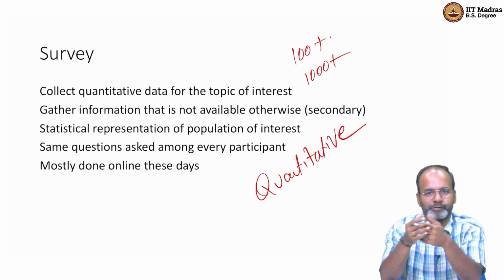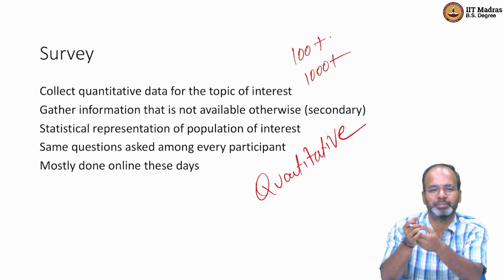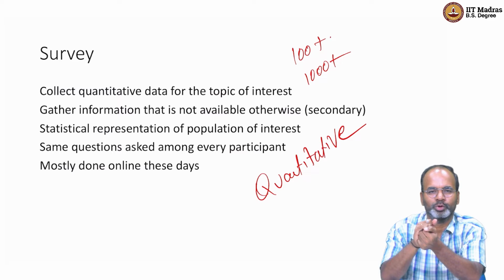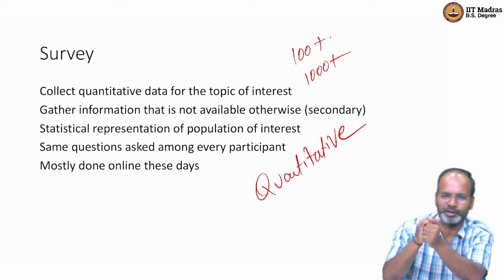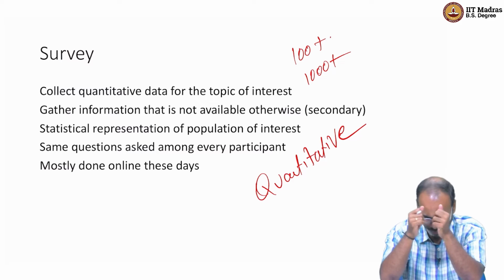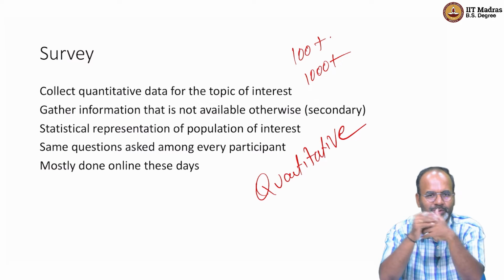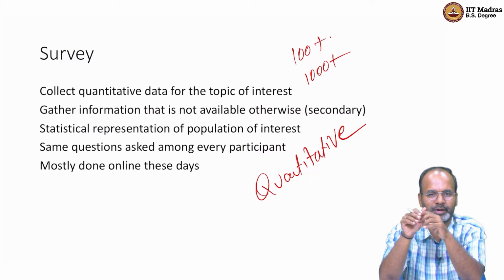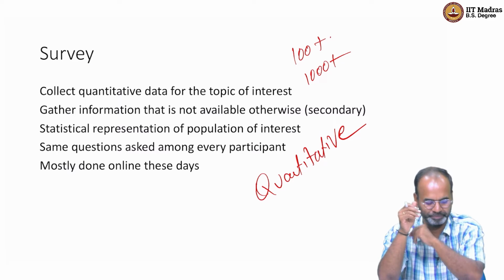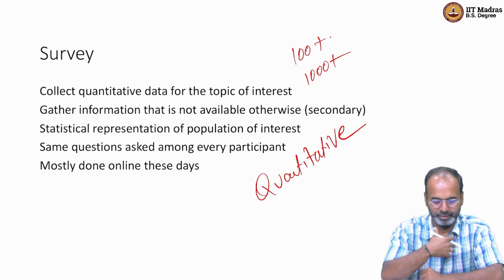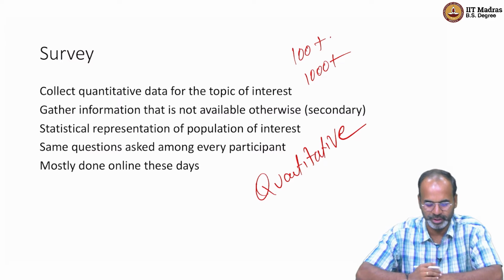What would you do? If you're walking in a mall, somebody's taking a picture of you in the mall, how would you behave? Will you hide? Will you put your mask? Will you show your face down? All of these questions can be thought about in a survey question. It's not their own behavior. Statistical representation of population of interest, larger number.